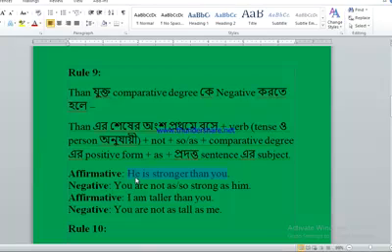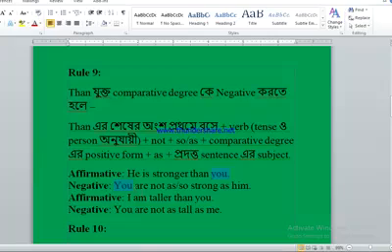Here is an example of an affirmative sentence in the comparative degree: He is stronger than you. First you will take the object of the comparative degree, that means in the affirmative sentence, "you".